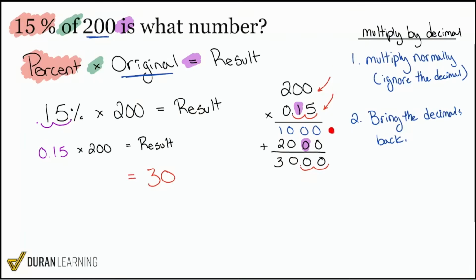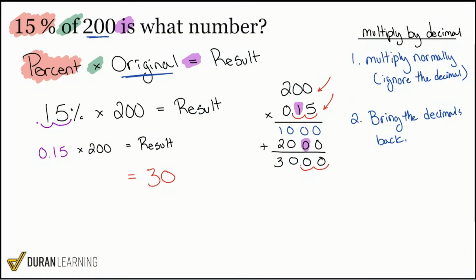And then to actually multiply by a decimal, again, it can feel overwhelming, but I got you every step of the way. To multiply by a decimal, we're going to multiply normally, ignoring that decimal, and then we'll bring the decimal back at the end. As long as you follow these small but very important steps, we can build our way up to working on these word problems without much of a hitch.